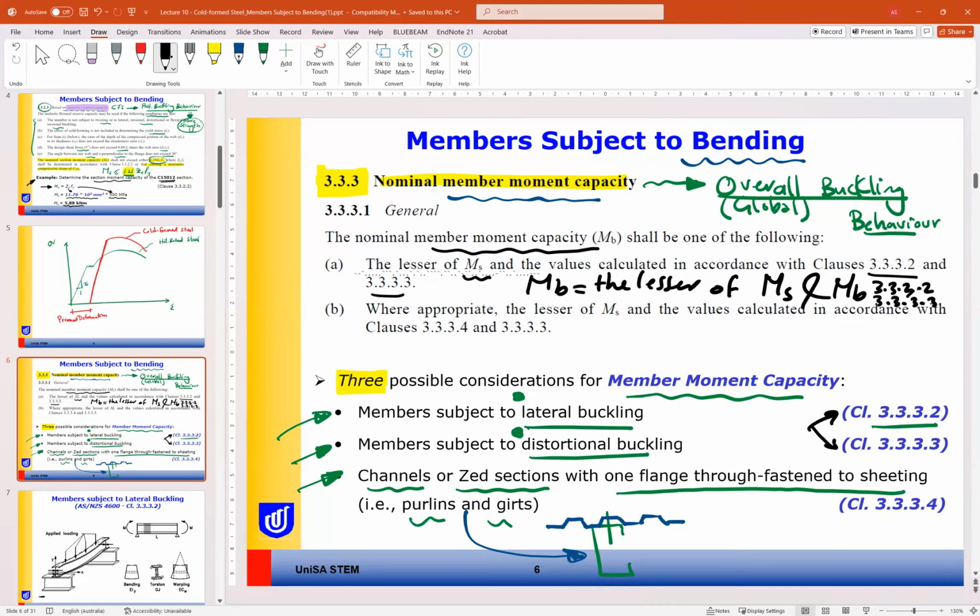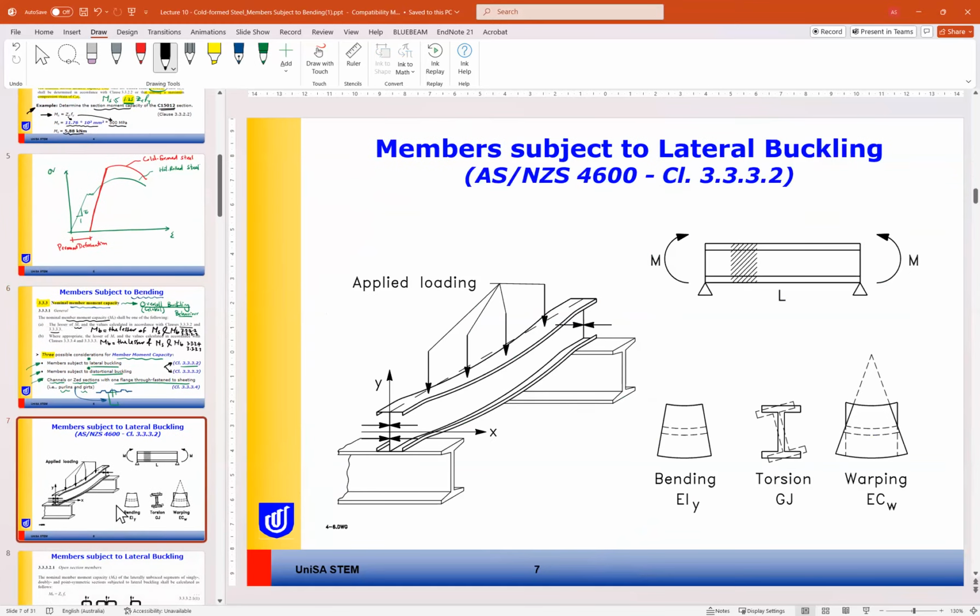Or if it is a purlin like this, MB equals the lesser of MS and MB from clause 3.3.3.4 or 3.3.3.3. So these are the cases for the global buckling behavior, and let's now look at them one by one.